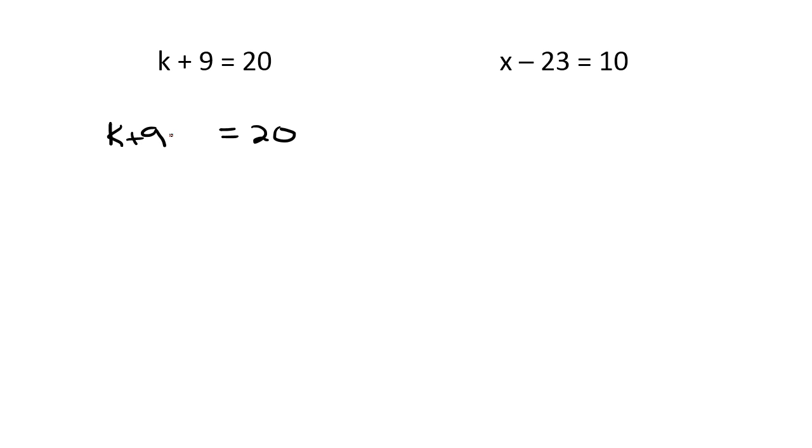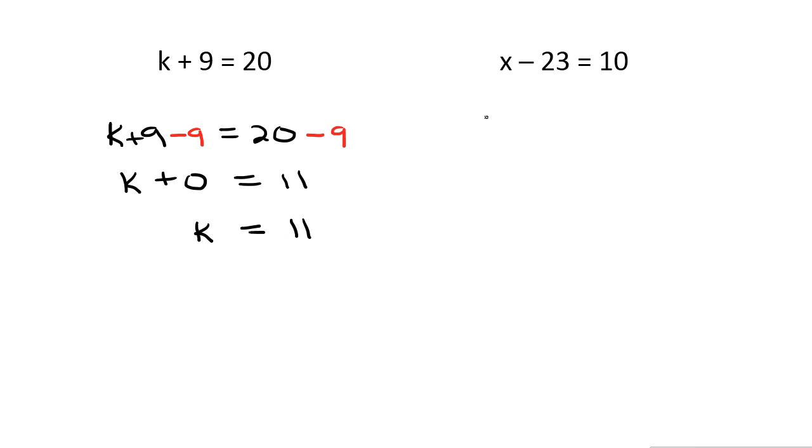So I'm going to write a minus 9 and a minus 9. The same thing gets written on both sides, because then I have k plus 0 equals 11. And we know that anything plus 0 is just that value, so I get k equals 11.